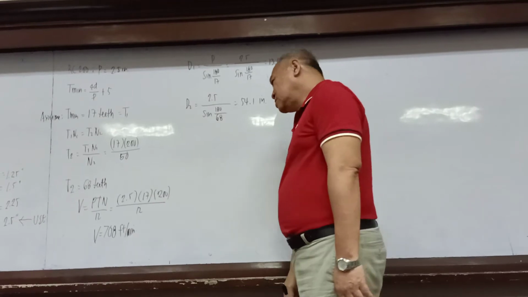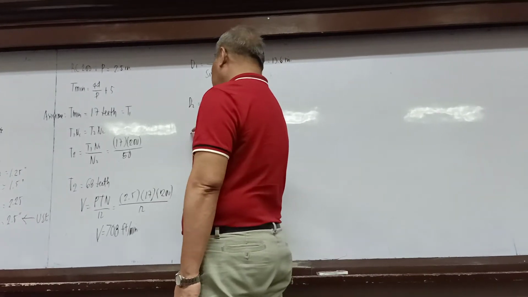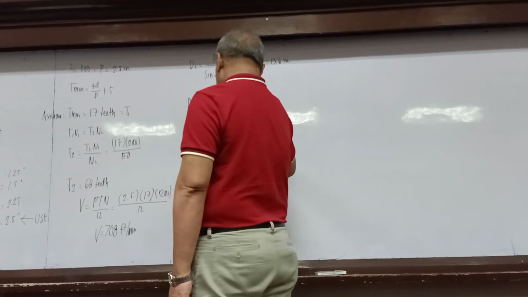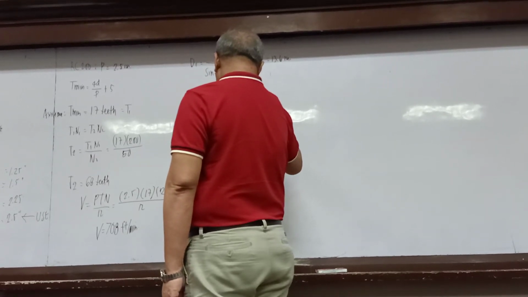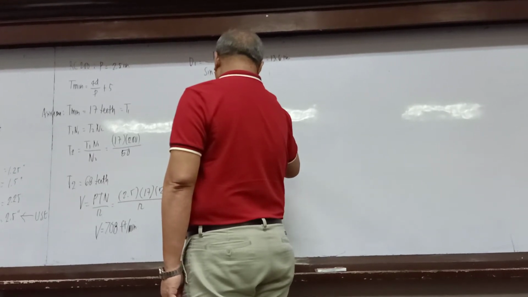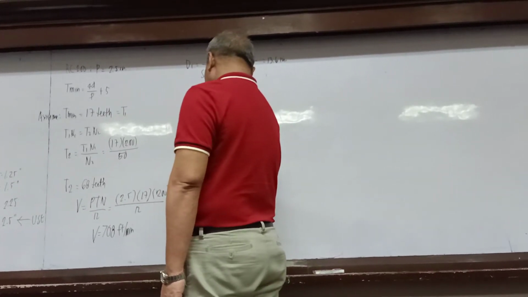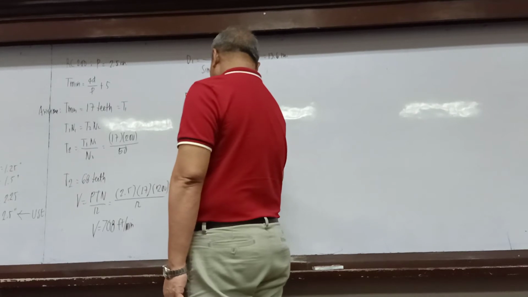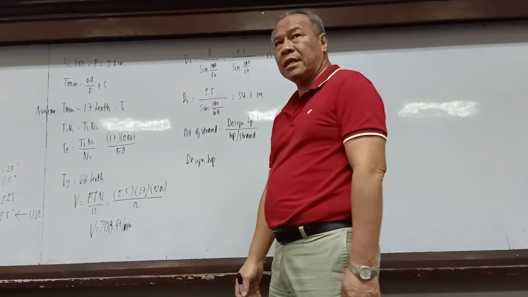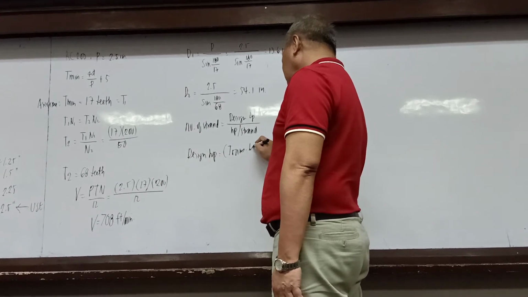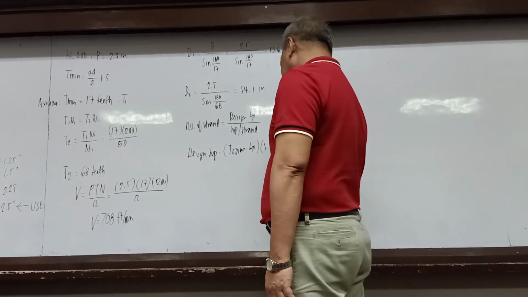Alright, now, let's determine the number of strands. So the number of strands will now be equivalent to your design horsepower all over the horsepower per strand. So what about your design HP? So from our base equation, same equation as we are using in terms of the V-belt, this will be equivalent to your transmitted horsepower multiplied by the service factor.